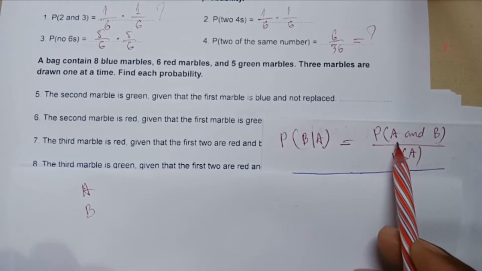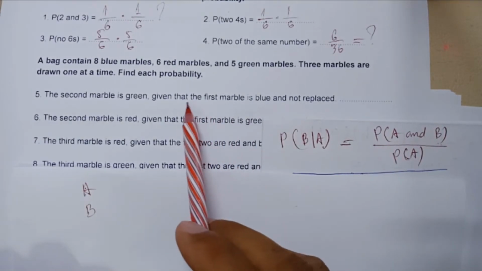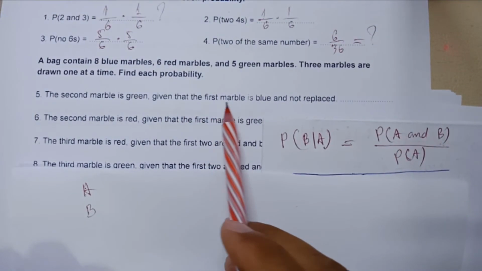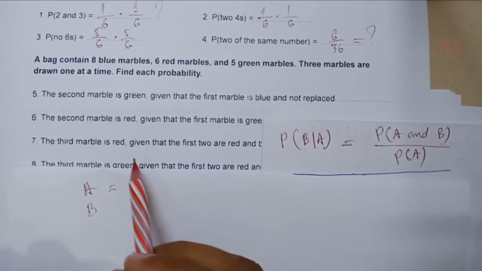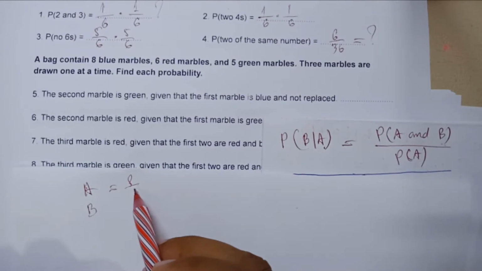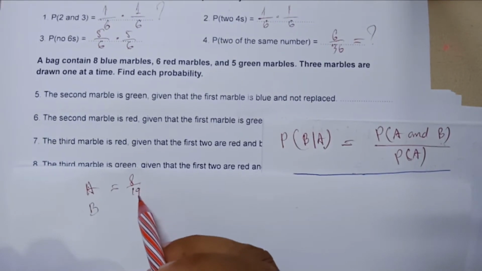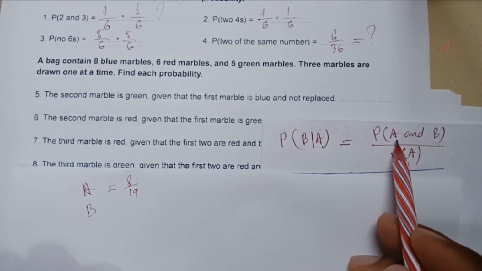So event A, in this number 5, the first event, which is blue. So you will have blue, which is 8 over 19. That's for event A.